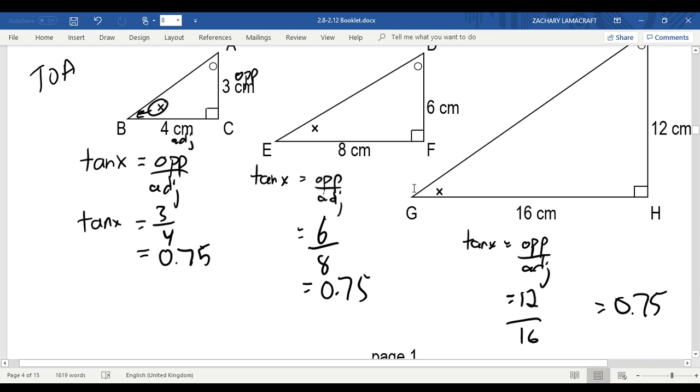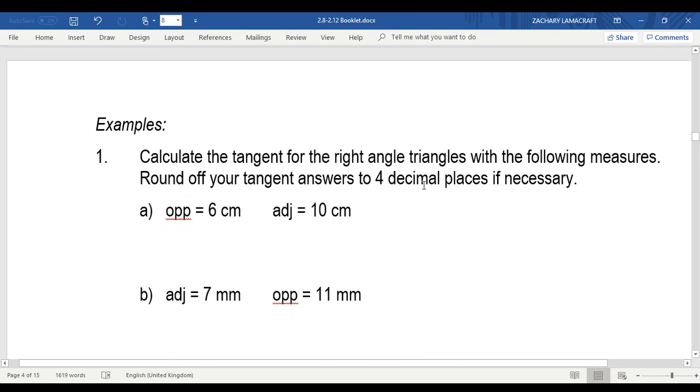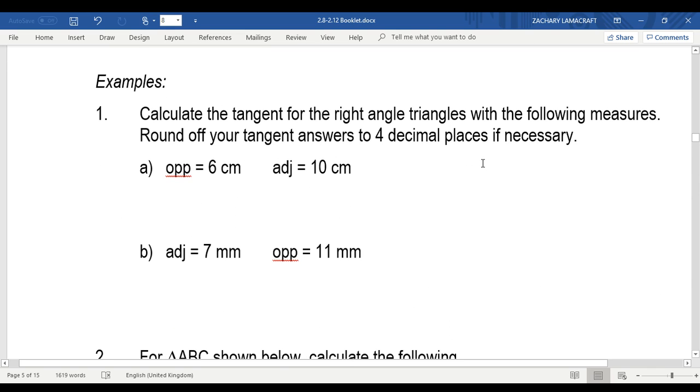Good. Okay, so it says here, calculate the tangent for the right angle triangles with the following measures. Round off your answers to 4 decimal places if necessary, okay? So what is our equation for tan?